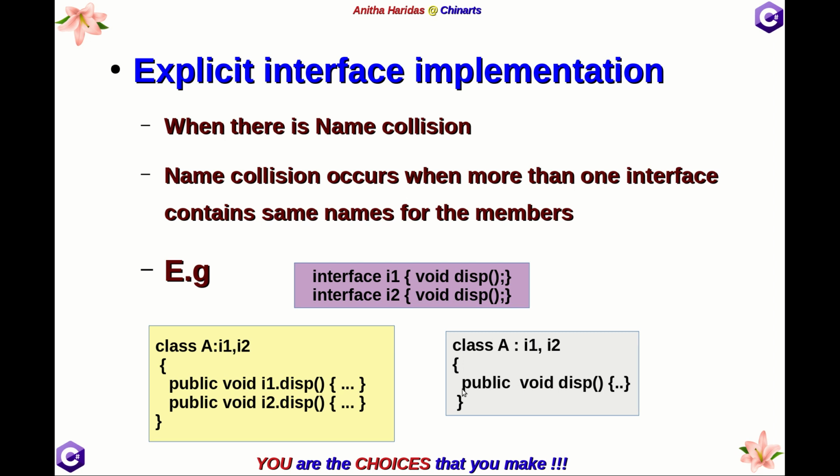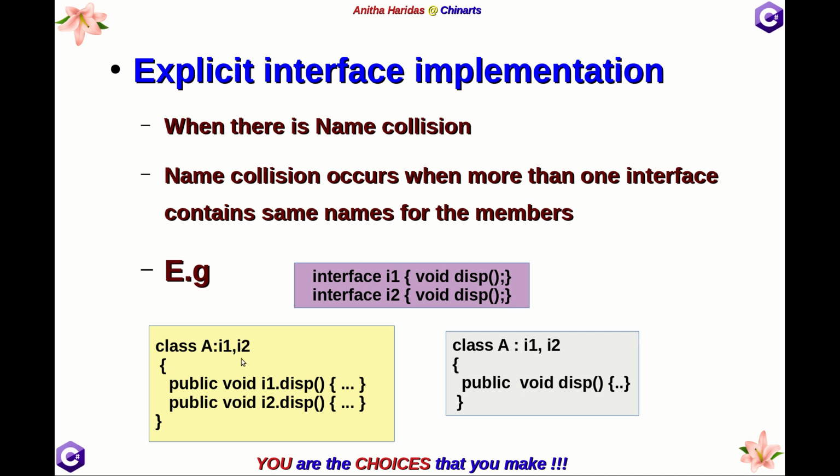When I implement this particular method, which is declared both in I1 and I2, in class A, it creates an ambiguity because the system cannot understand whether this method is of I1 or of I2.